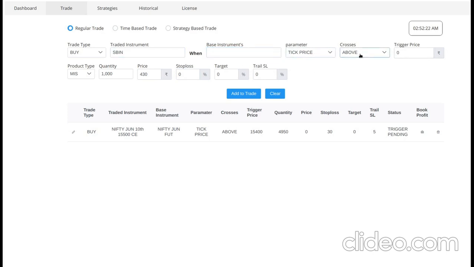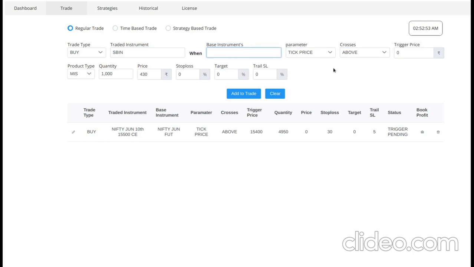The tick price above zero is always met, because SBIN is trading around 400 plus, so it's always true and it immediately fires the order and places the buy order at 430 rupees limit order.